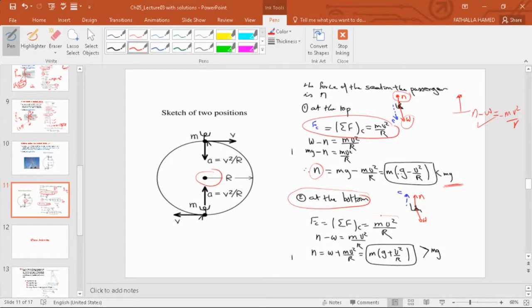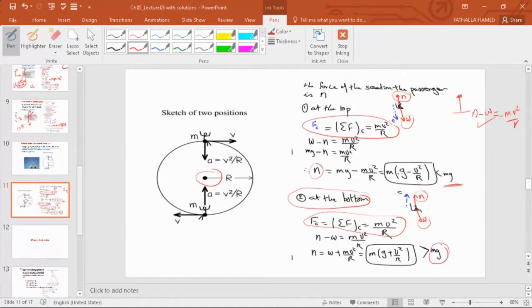Now, when you look at the case when you are at the bottom, the net force is equal to mv squared over r. The weight is down, the normal force coming from the seat is up. So normal minus weight equals mv squared over r. So the normal force here will equal the weight plus mv squared over r. So it's mg plus mv squared over r, and this is greater than mg.